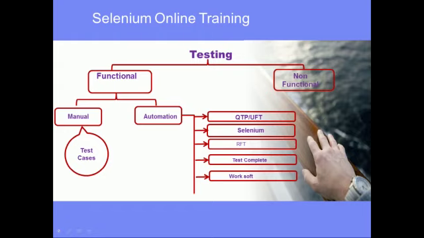Once the product is ready, the client or company needs some assurance that the product the developer has developed is working as per their expectations, right? The developer said, yes, based on your requirement, we have developed it, you can use it, but they won't take it directly and use it, because in production, in real time, if they get any issues, it will be a big loss for the company.